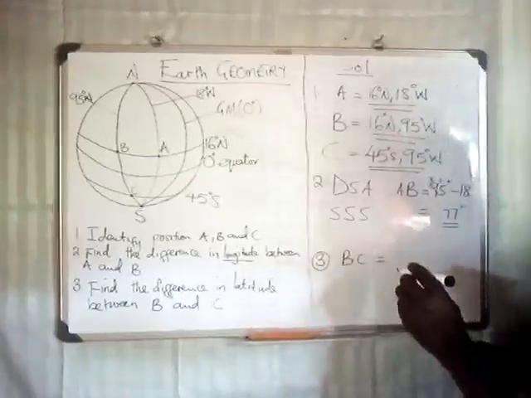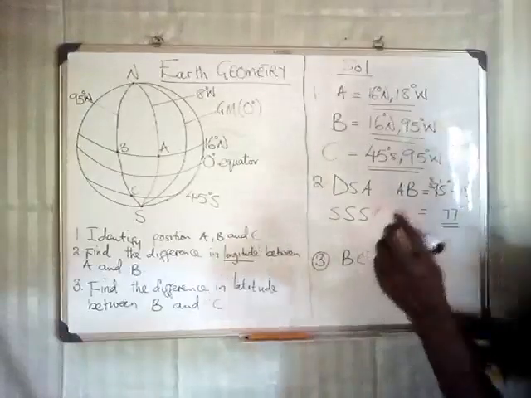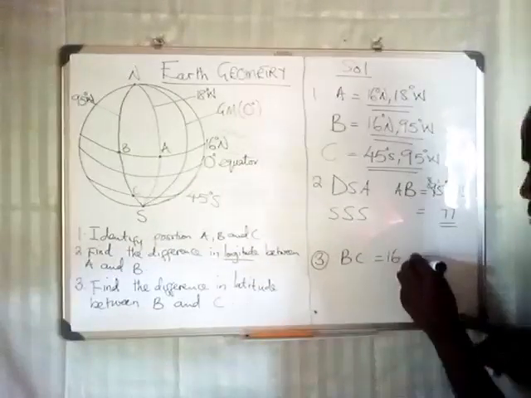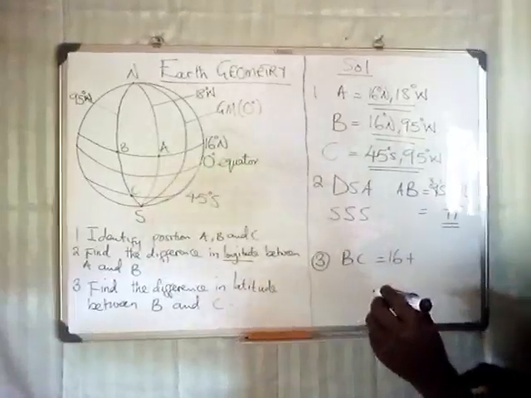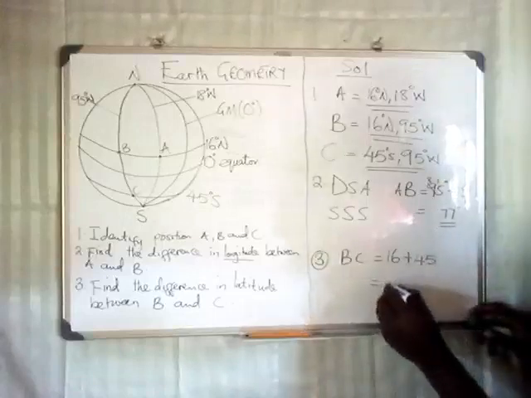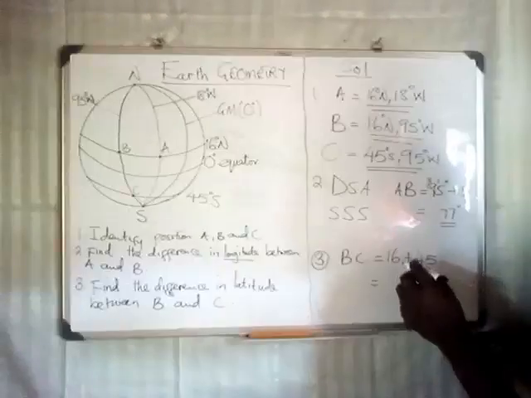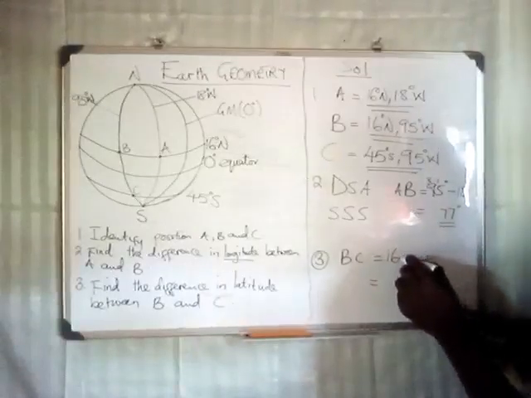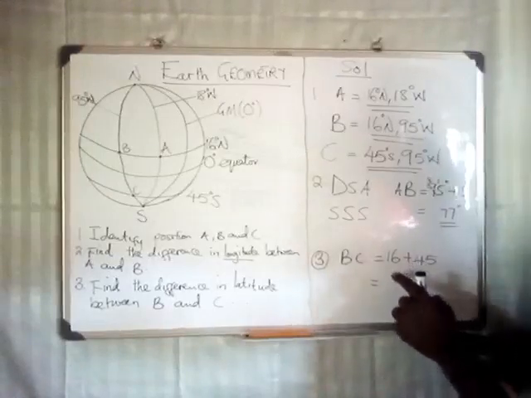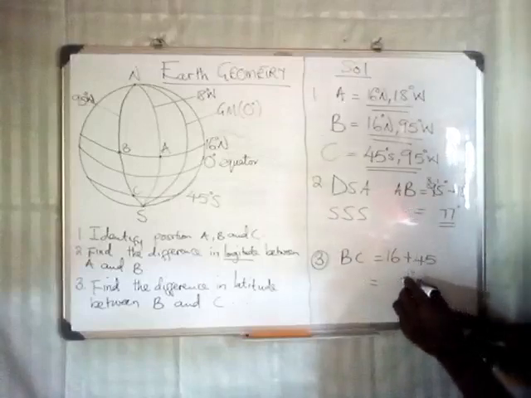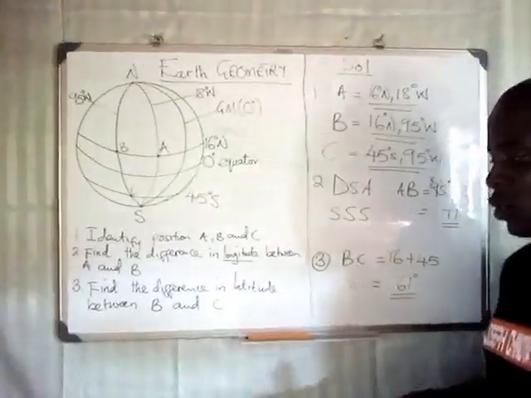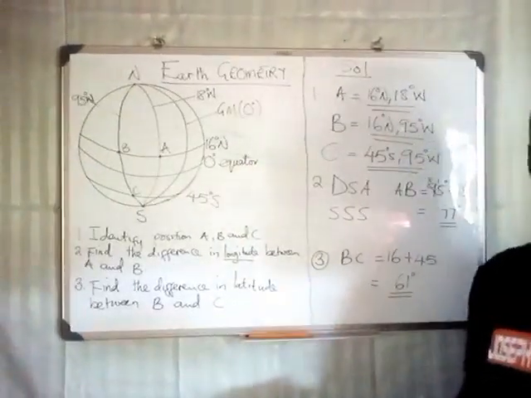BC is equal to latitude B, which is 16, plus latitude C, which is 45. 6 plus 5 is 11, so 1 remainder 1. Then 1 plus 4 is 5, plus 1 is 6. So this is the difference between latitude B and latitude C: 61 degrees.